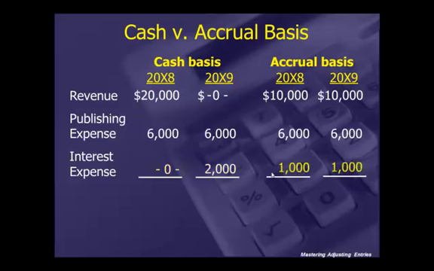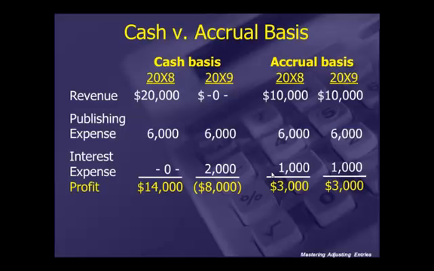Under the accrual basis, interest accrues. So it accumulates, we owe it as time passes. So even if we don't pay it until the end of 2009, we owe a full year's interest, 10,000 times 10% times 1 year, or $1,000 in 2008. And then we owe the rest of it, another $1,000 for 2009.